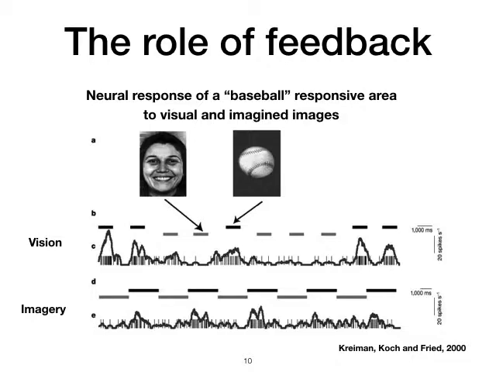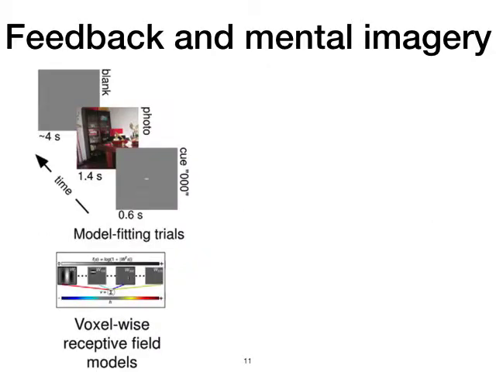All right. Indeed, if we imagine images, feedback on image content seems to go all the way back to the primary visual cortex. So in this experiment, the experimenters showed a large set of photographs, just random photographs taken from the internet, I believe, to subjects in an MRI scanner.